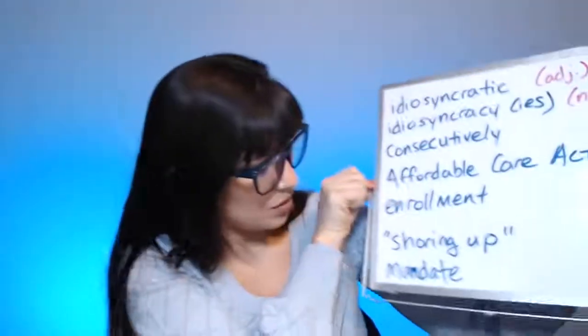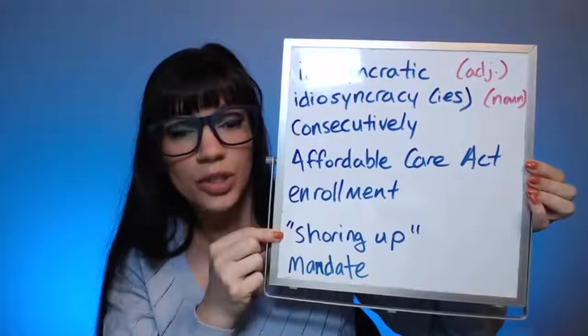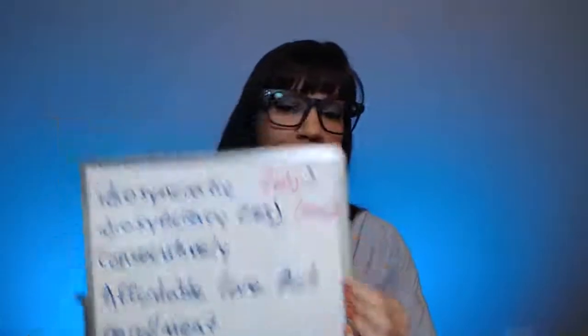This headline is from Forbes. Biden's healthcare agenda in 2021, shoring up the Affordable Care Act. So this headline kind of takes a broader or wider look at this executive order. I think shoring up is one of our last ones on this list. So shoring up. It means to support or keep from falling.